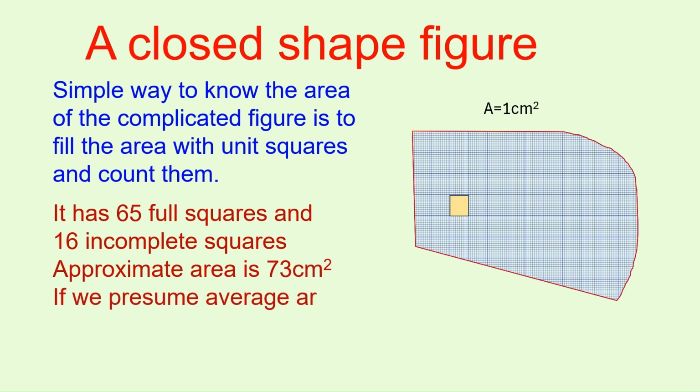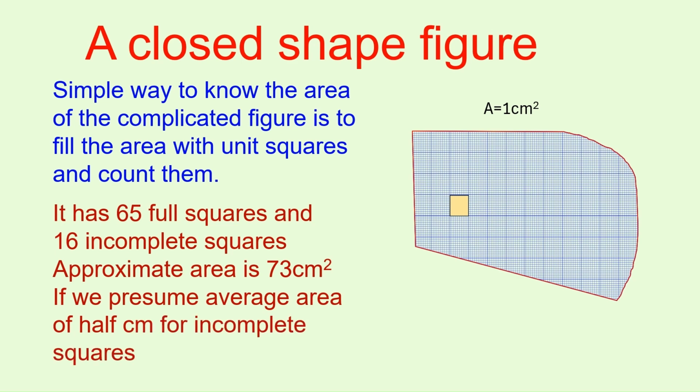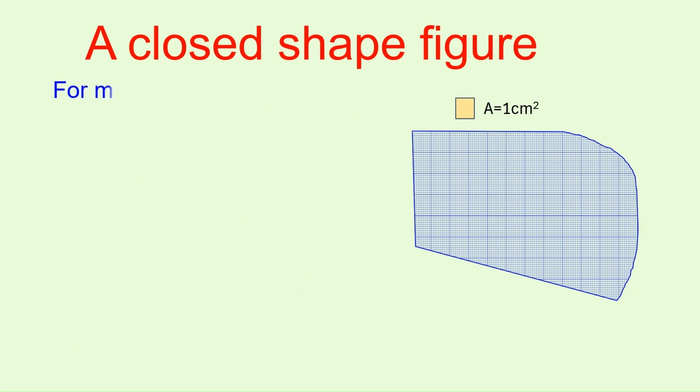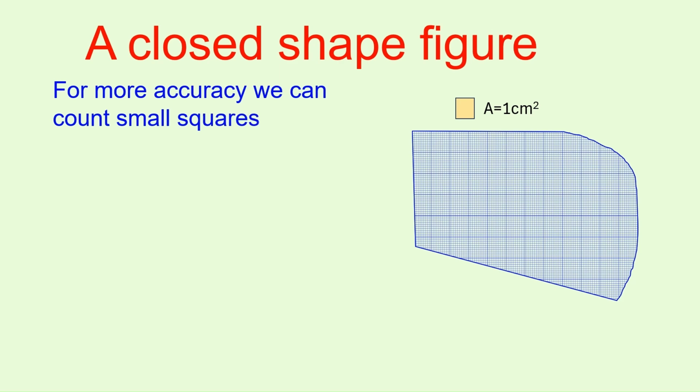Approximate area is 73 centimeters squared, if we presume an average area of half cm squared for incomplete squares. For more accuracy, we can count small squares in the incomplete squares.